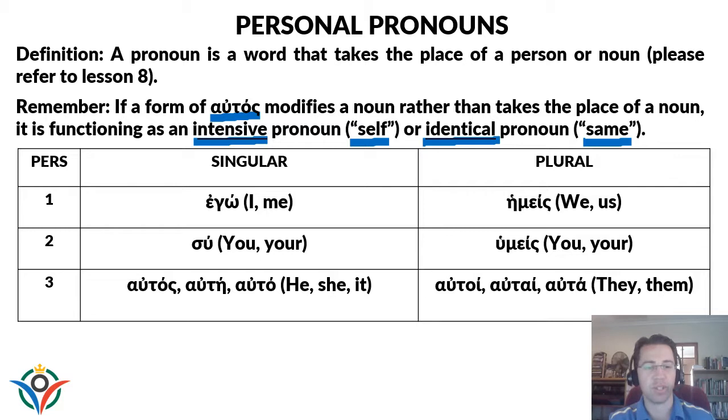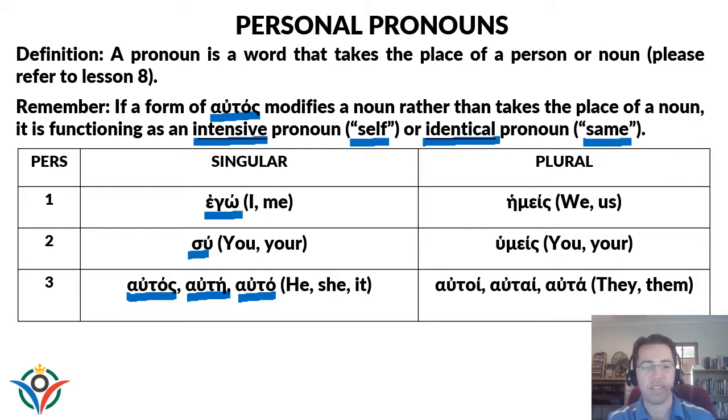So the first person singular, we have ego, which is I or me. And then the second person singular, su, is you or your. The third person singular, autos, aute, auta. Those are the nominative singular forms, the masculine, the feminine, the neuter.